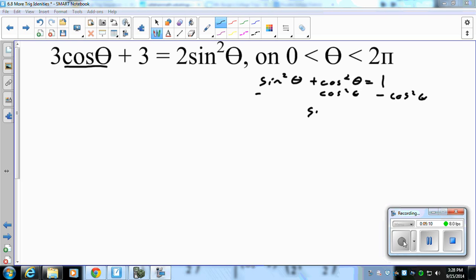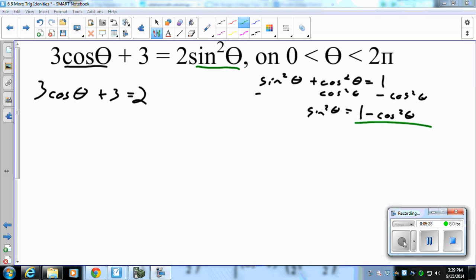I get sine squared theta is equal to 1 minus cosine squared theta. If I do that substitution, I can do 3 cosine of theta plus 3 equals 2, substituting this in for that, because that's what sine squared theta is, and I get 1 minus cosine squared theta.